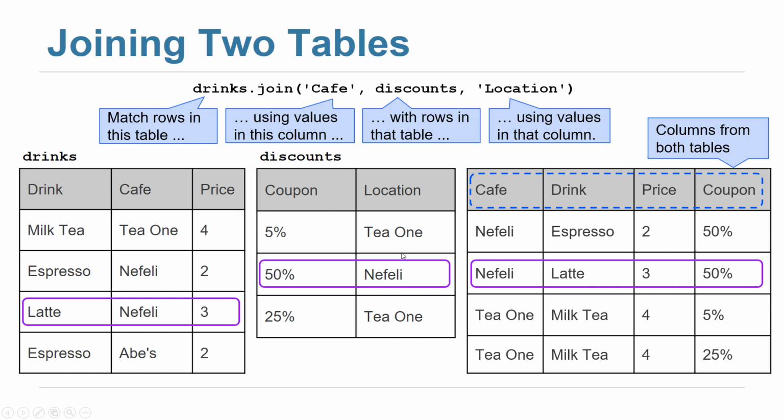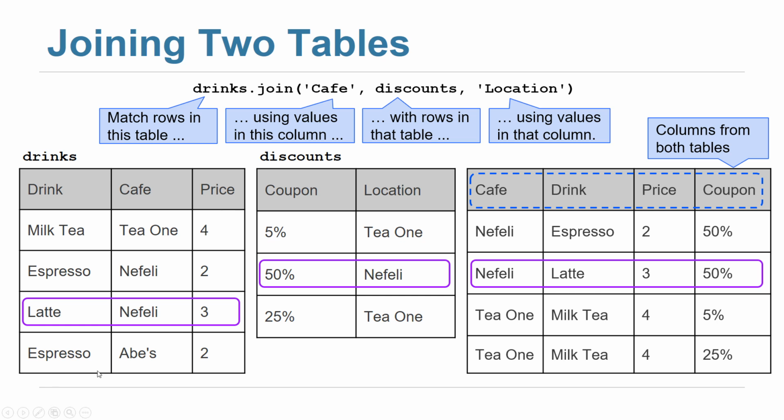So all the rows that match T1 here will be joined. Which means that this row with these two rows will generate two rows here. So this is T1 milk tea 4, which is coming 4 with 5%, which is coming from this row, and another one with 25%, which is coming from this row. Did you get that? Okay.